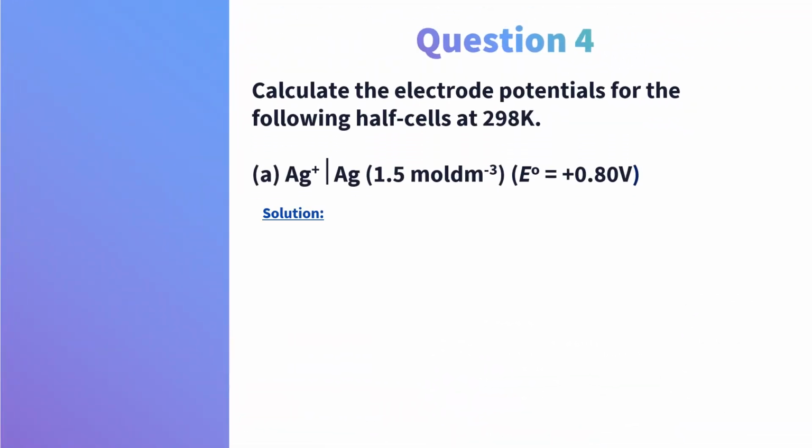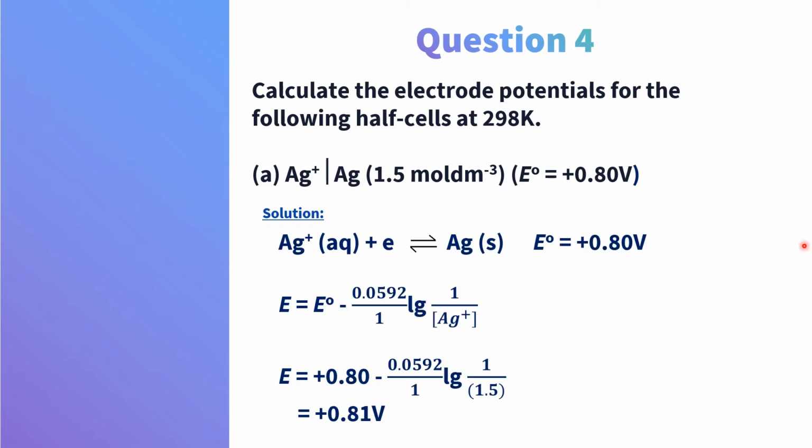So for example, in this question, calculate the electrode potential for the silver half cell in 1.5 mol per dm³. The reaction involves 1 mole of electrons. The standard electrode potential is 0.80 volt.